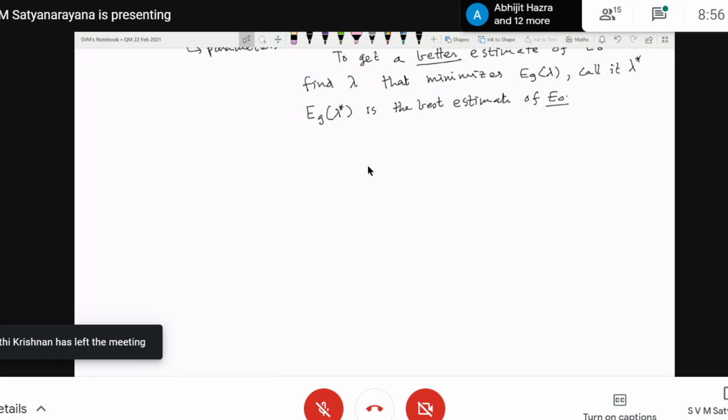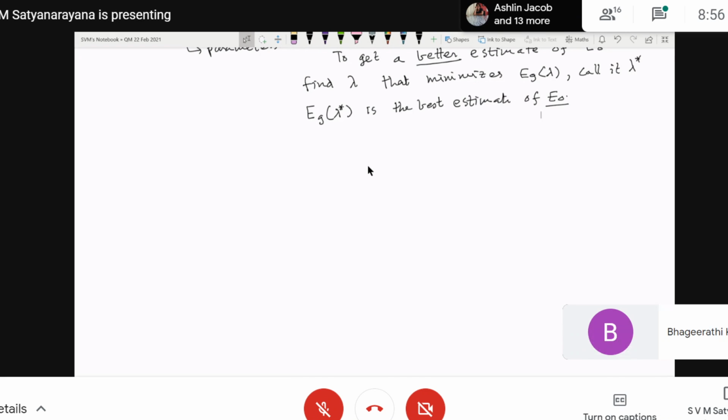Means psi as eigenstate of H0. Yeah. But right now what I'm trying to say is that you don't have H0 and H prime here. We are not able to divide it like that.